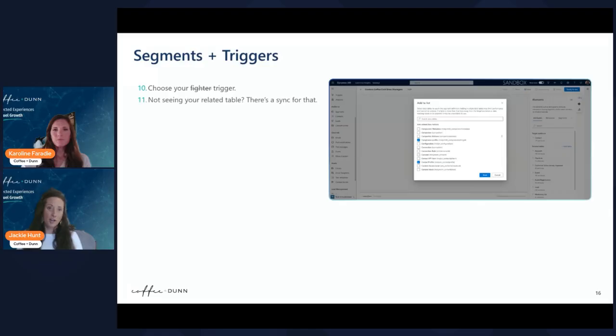Number 11, not seeing your related table, there is a sync for that. So if you want to create a segment that uses condition logic and data that doesn't live directly on the contact or the lead table, but may live on a related table, you're going to want to make sure that any tables in between the 2 tables, in between that relationship, are added to the segmentation tool or are synced up for use.